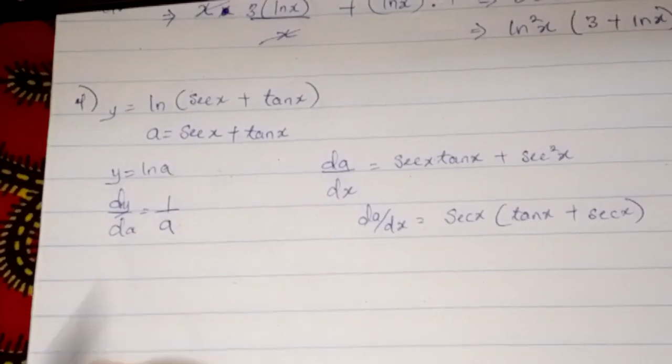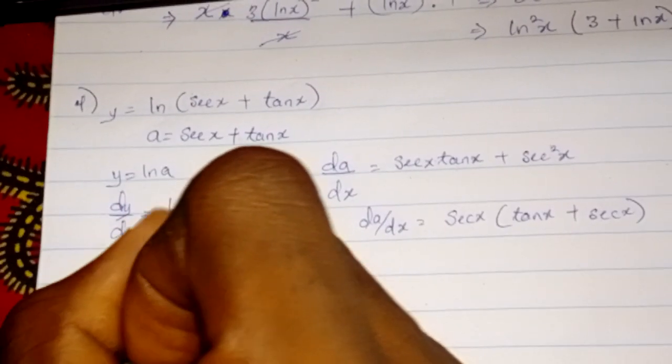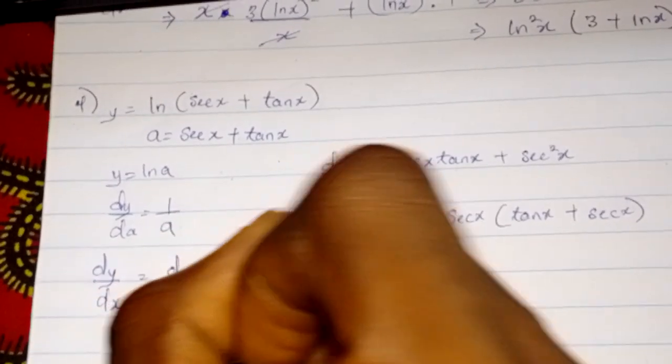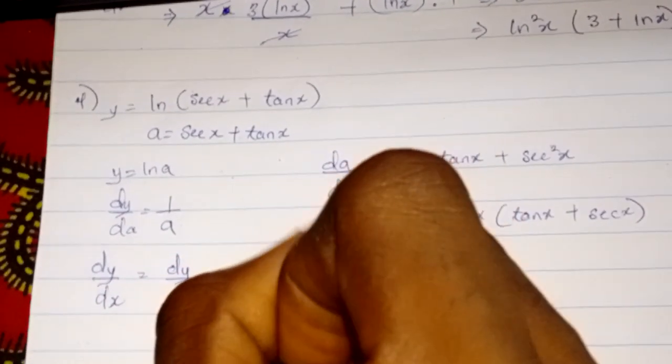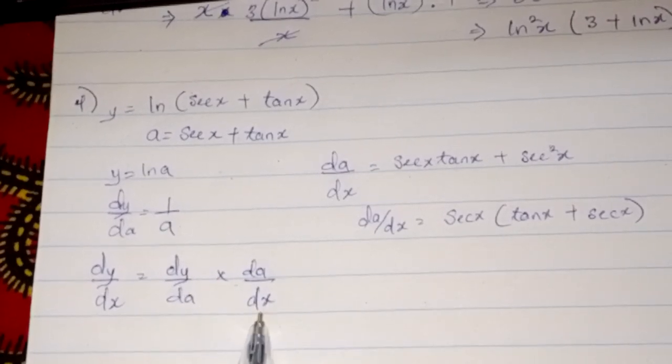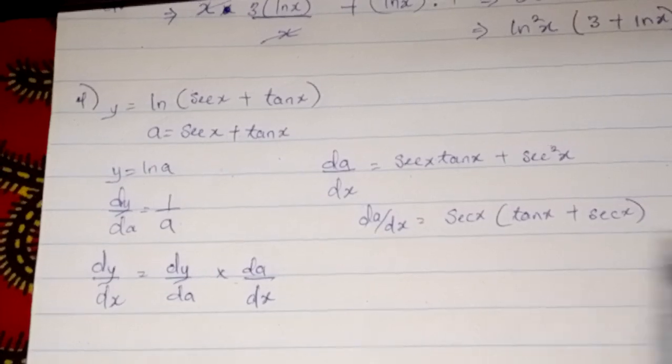So now let's come back here. That means our dy dx using the function or chain rule is what? dy dA times what? dA dx. I've mentioned this a couple of times if you have grasped it. So dy dA times dA dx.